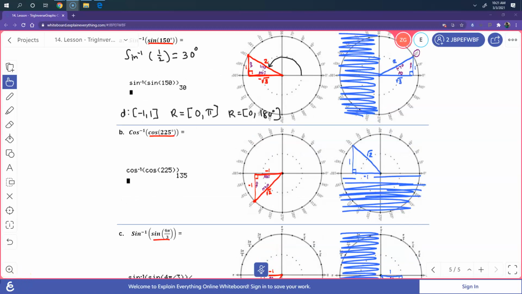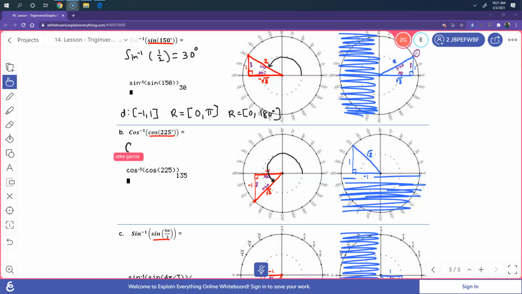Just like sine, inverse cosine is restricted. So if we want to get the cosine of 225, we start here. This is 180 plus another 45, which gives you 225. So the cosine is going to be the adjacent over the hypotenuse, right?